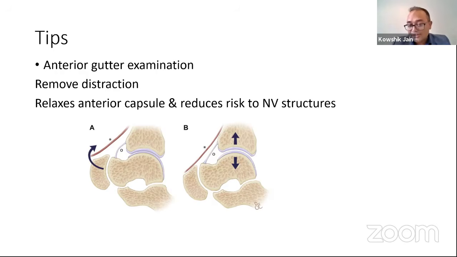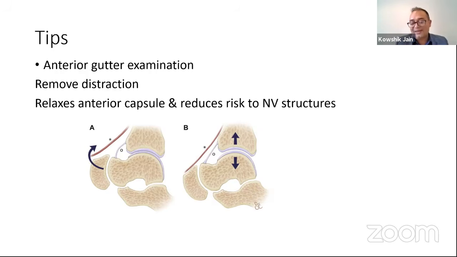You can do all these, actually you must do all this, by taking the distraction off, because when you take the distractor off, the capsule is relaxed and your neurovascular structures are well away from the capsule. That will reduce the risk of damaging the neurovascular structures. And it's a lot easier to maneuver the scope within the anterior gutter when the distraction is taken off.